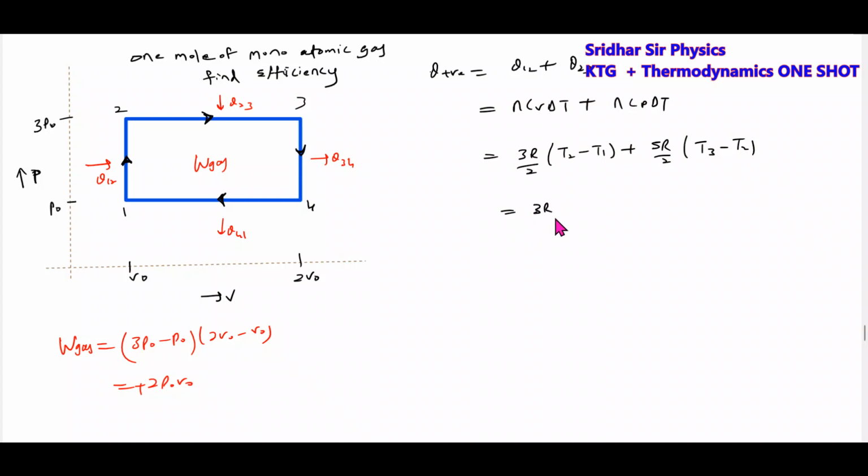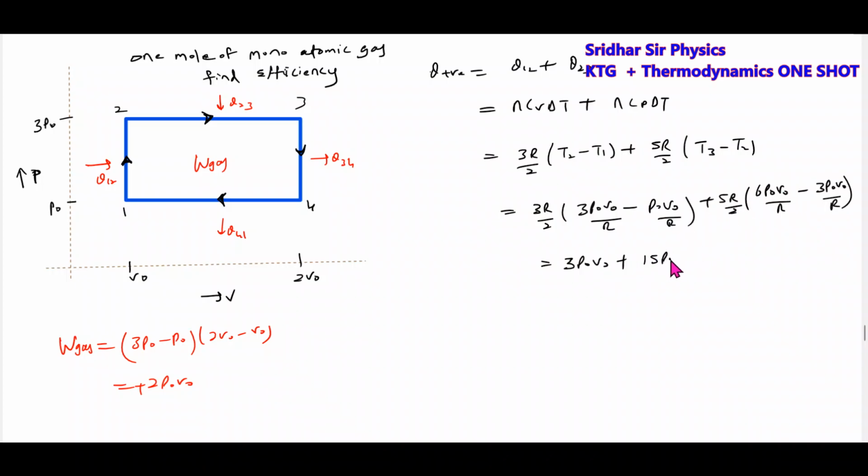T2 temperature is 3P0V0 by R, T1 temperature is P0V0 by R, T3 will be 6P0V0 by R. So this will become 3P0V0, and the other part 15P0V0 by 2.